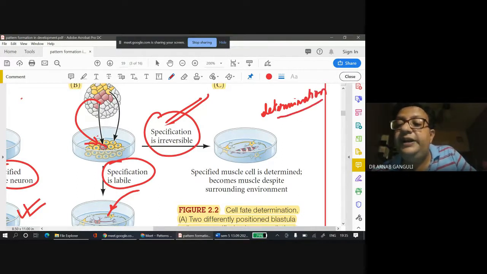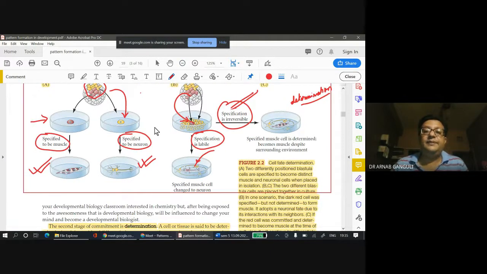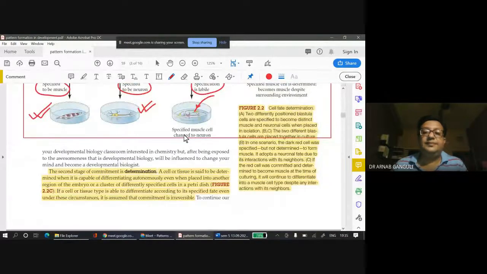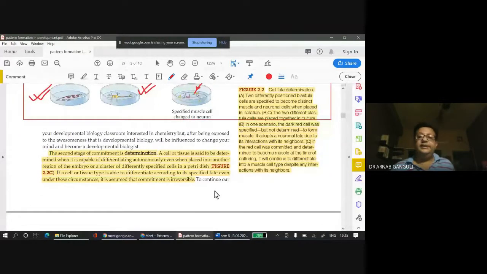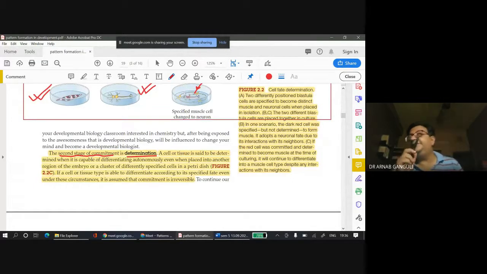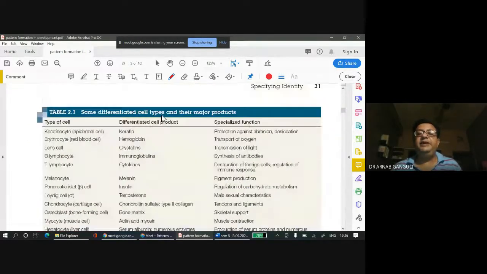The cell is already determined to become a muscle despite the surrounding environment. And this determination is the second stage of commitment. So the first stage is specification, the second step is determination.